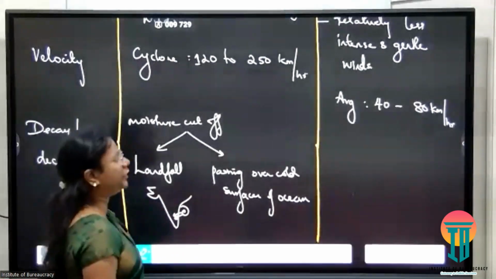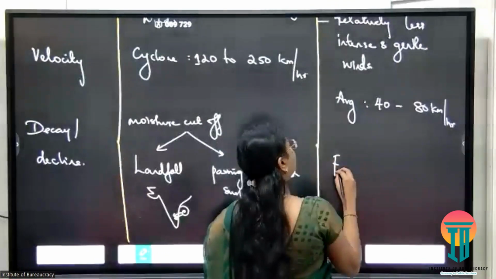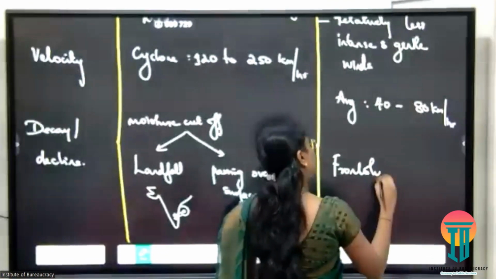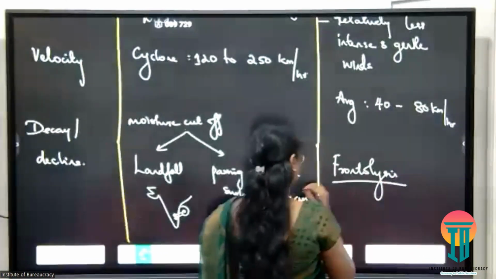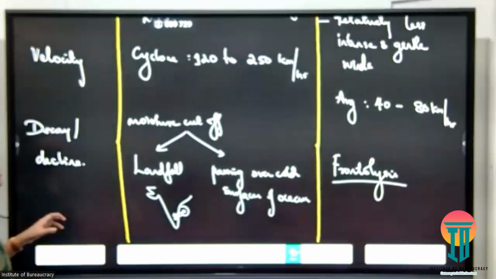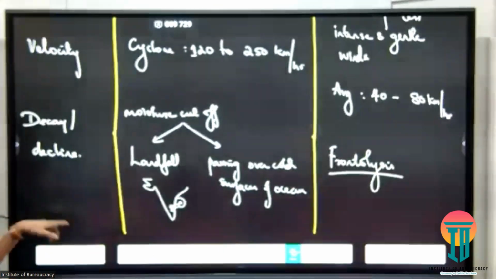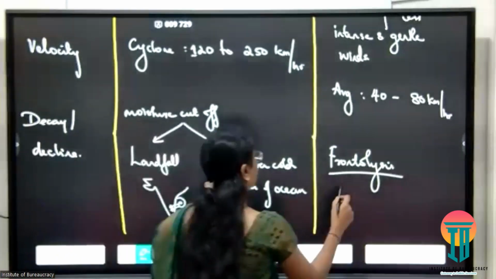Temperate cyclone eppadi? Temperate cyclone, the very true process of frontolysis. That is the gradual decline in the divergence of air currents. Frontolysis explicita enna define pannom?